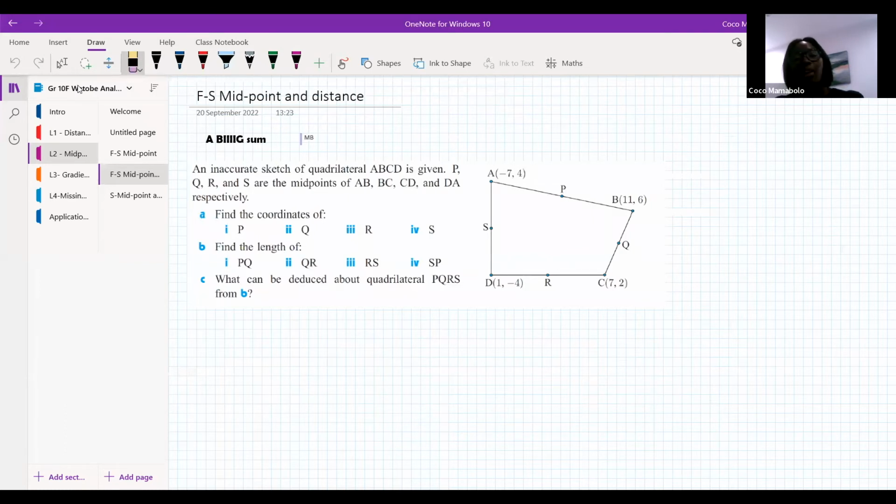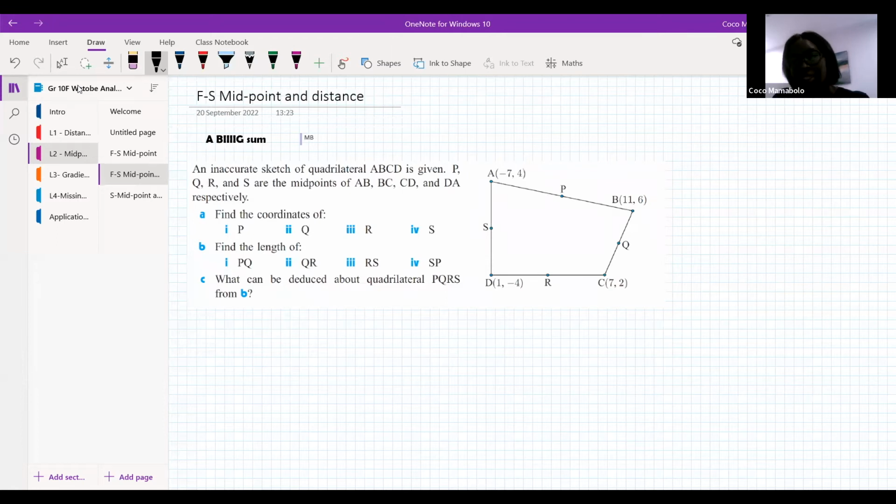Now this is going to put together the midpoint formula and the distance formula that we learned on Tuesday.